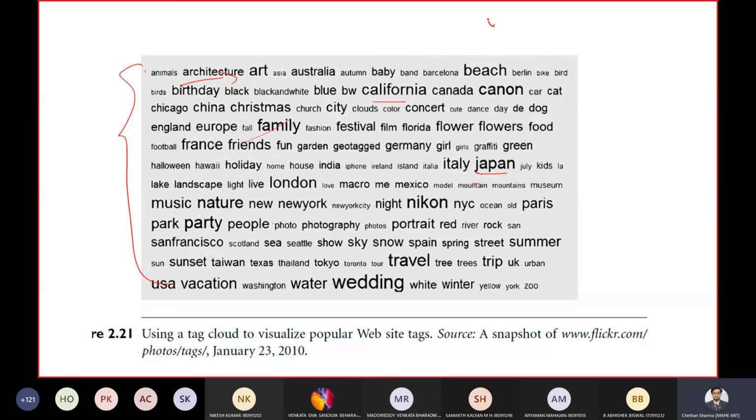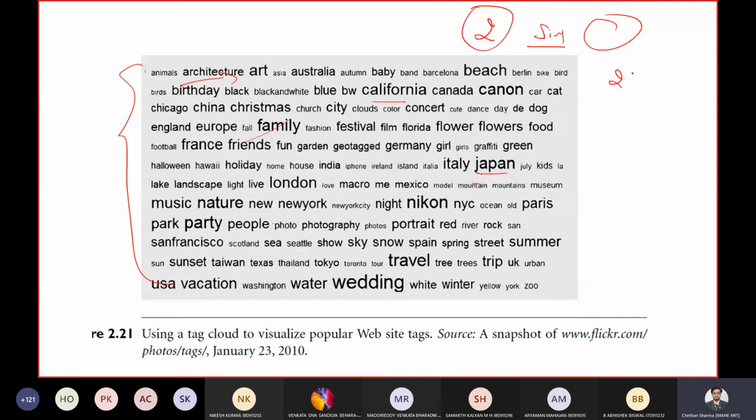Basically, you can tell tag clouds are used in two ways. One is a tag cloud for a single item, where the size of the tag represents the number of times that particular item is used by different users. Okay. So in the single item case, the size of the tag represents how many users have bought it.